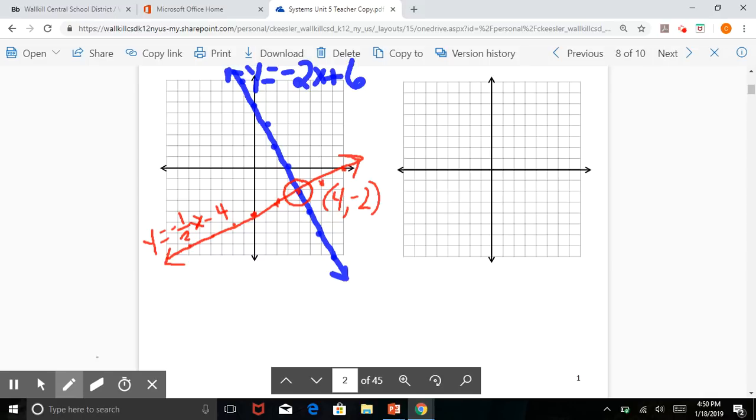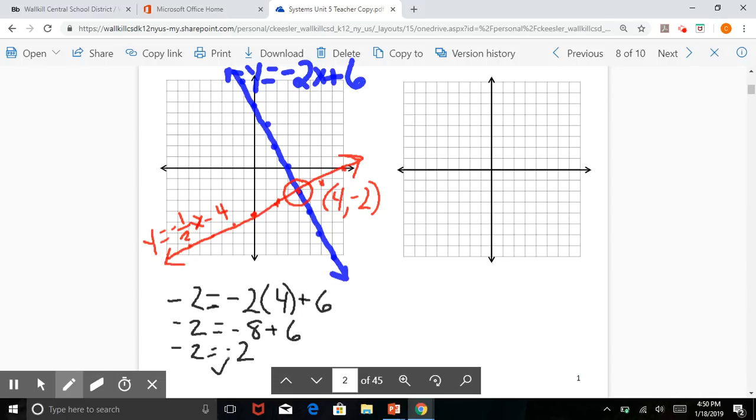So plugging that back into the original equation, y equals -2x plus 6, we have -2 equals -2 times 4 plus 6, or -2 equals -8 plus 6. So we know -2 equals -2, so it works for that first one.